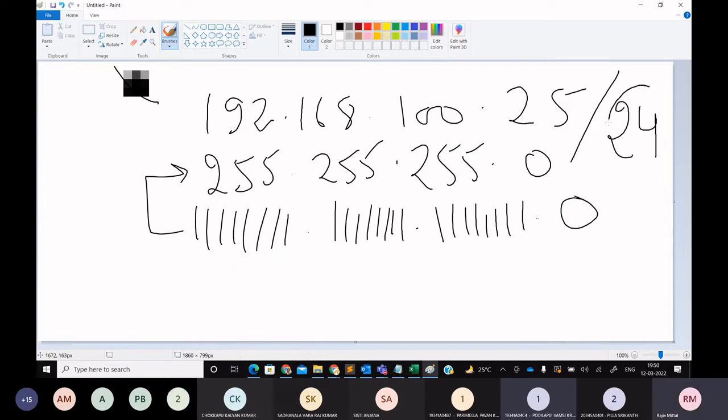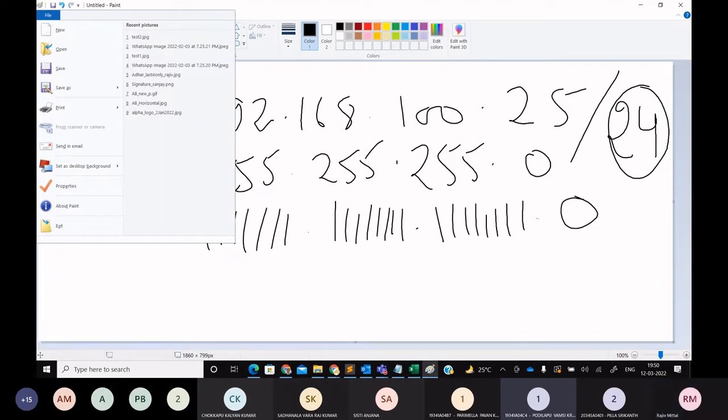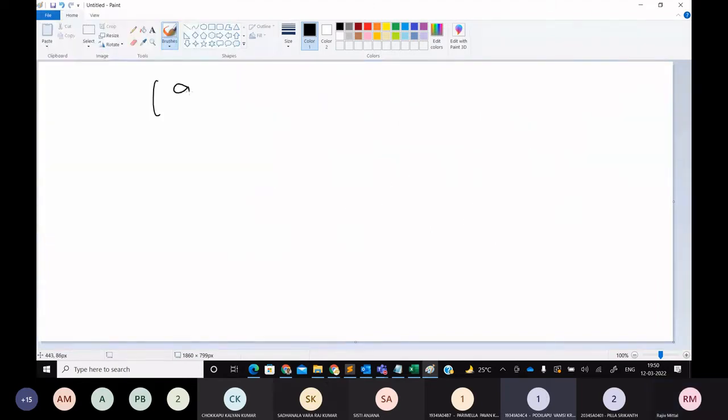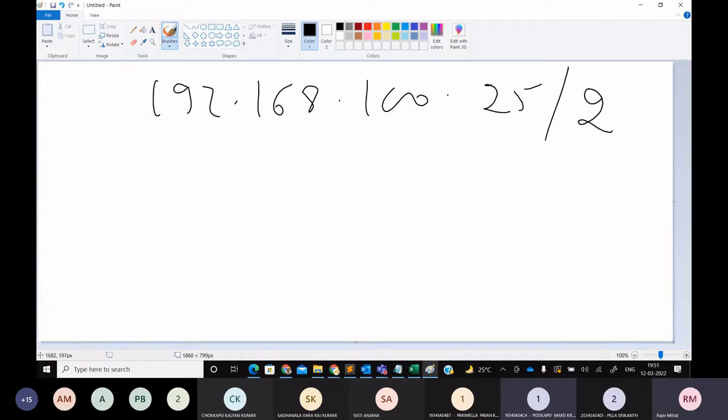So first we have to learn how to represent this. If it is /24, this means this. Now let's say, for any IP, I'm not saying only this one, I'm just taking this for your own exam benefit, I have written /25, right?